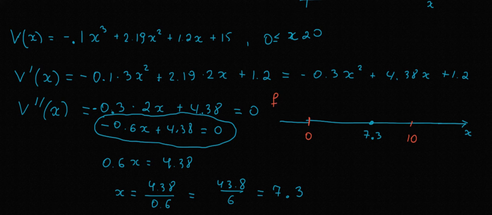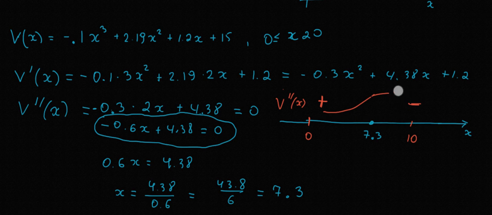So the second derivative of v, sorry, I should use v, not f, is positive at 0, and therefore it will be positive elsewhere on that first segment. It is negative at 10 because you get negative 6 plus 4.38, and that's negative. And that confirms that at 7.3 we have a sign change from plus to minus, and the function goes from being concave up to being concave down.